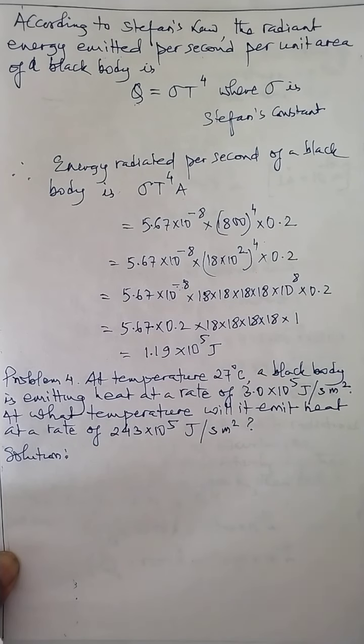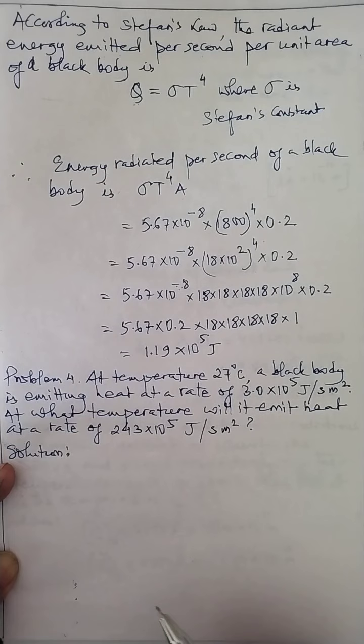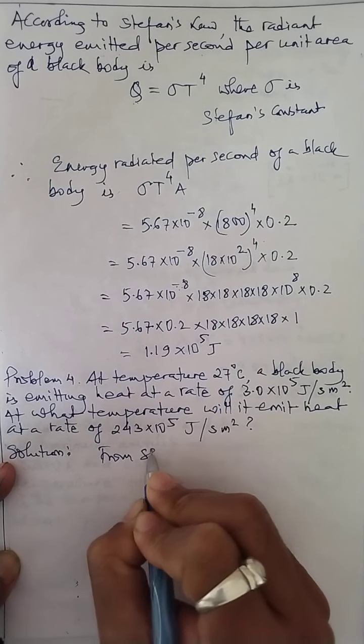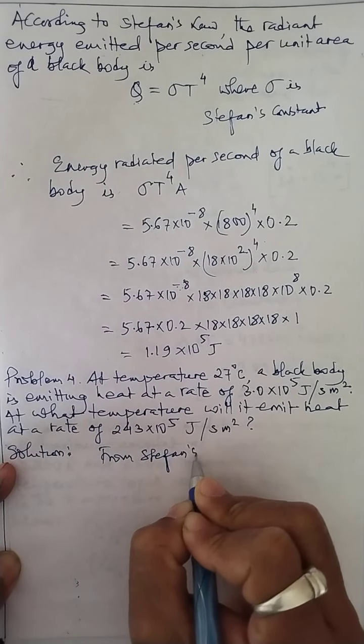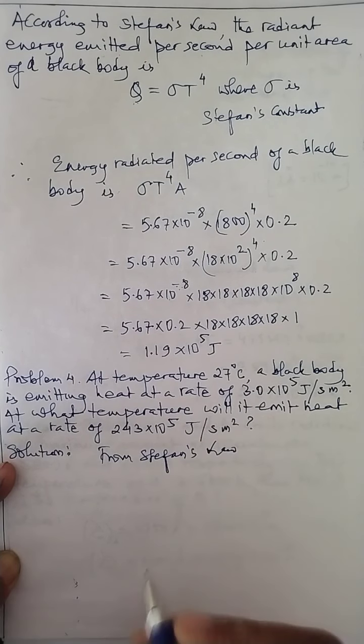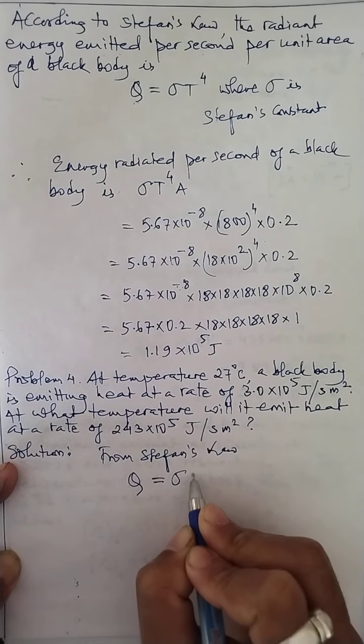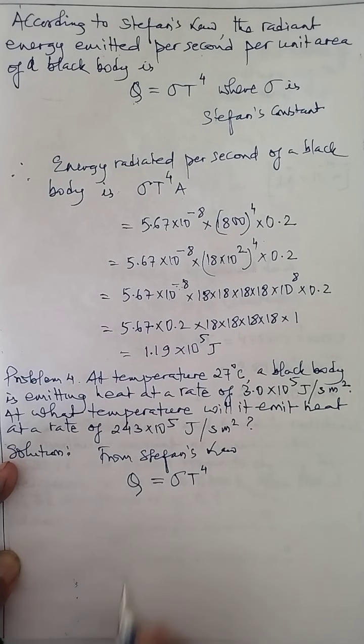Now to calculate the temperature of a black body, when the amount of heat radiation is given, we can use definitely what? Stefan's law. I write directly from Stefan's law. The amount of heat radiated per unit second, per unit area, of a black body is given by Q equals sigma T to the power 4.